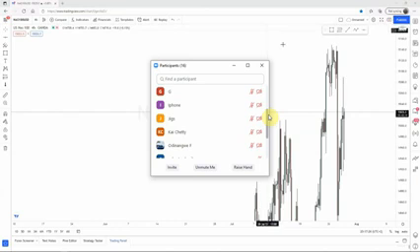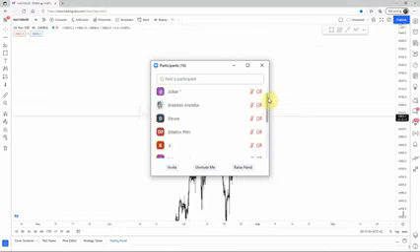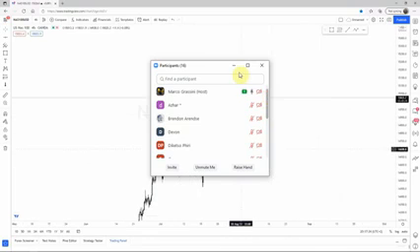As I was saying, guys, we're going to start on a 4-hour chart.